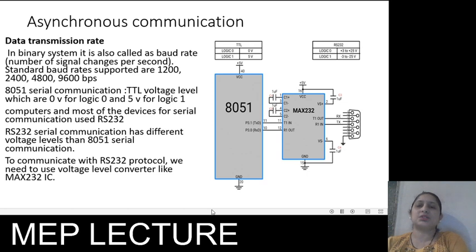How to connect 8051 with MAX 232? There are P3.1 and P3.0, which we use as TXD and RXD pins. That is transmit the data and receive the data. We will connect them to the T1 in pin and R1 out pin of MAX 232 to transmit the data and receive the data.